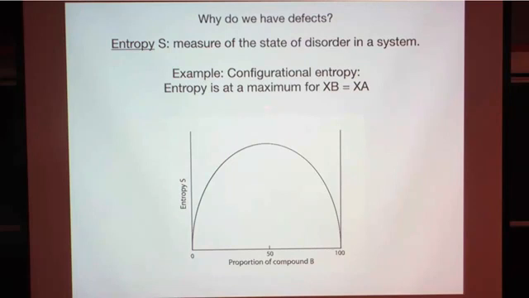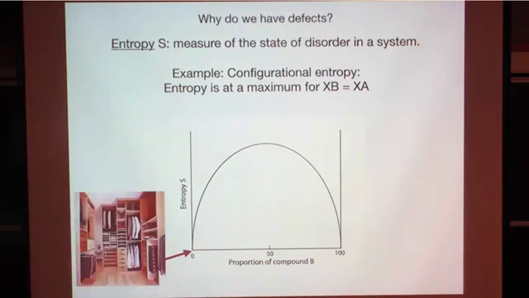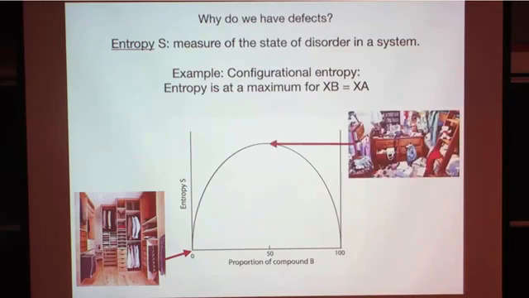Or a different entropy is here, the configurational entropy. The entropy is at a maximum when you have this mixture of compound A and compound B. One way to think about this: here the entropy is very low. That's the parents' room. It seems very ordered. On the other hand, that's the maximum entropy here, the kids' room.